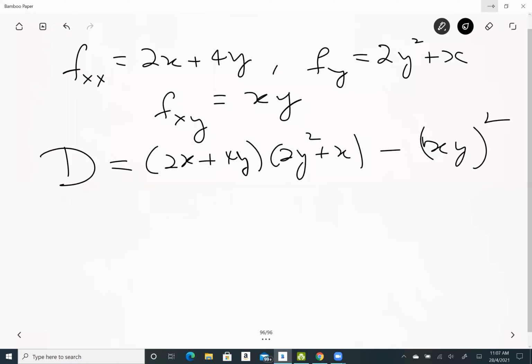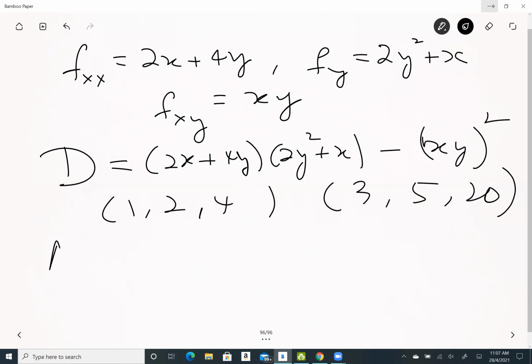Now suppose there are two critical points. Suppose one critical point is 1, 2, 4. The other one is 3, 5, 20. So what you do now, we evaluate the D at each of these. So at 1 and 2, at the first critical point, what is D?